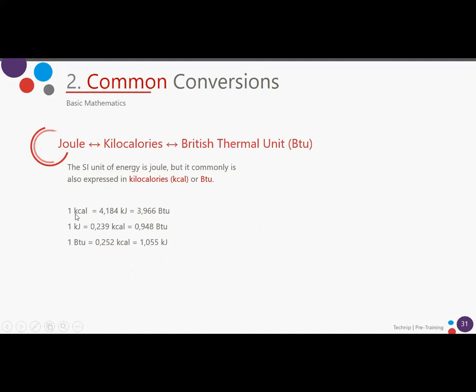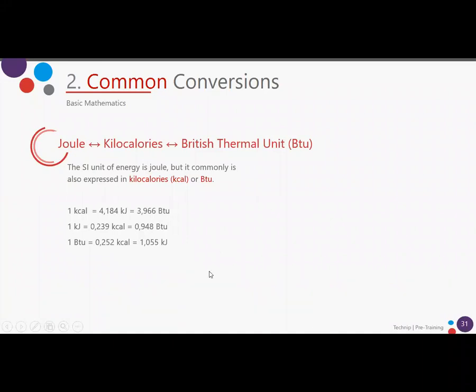So 1 kilocalorie is 4.184 kilojoules or 3.966 BTU. Then 1 kilojoule is 0.239 kilocalories or 0.948 BTU. Then 1 British thermal unit is 0.252 kilocalories or 1.055 kilojoules.